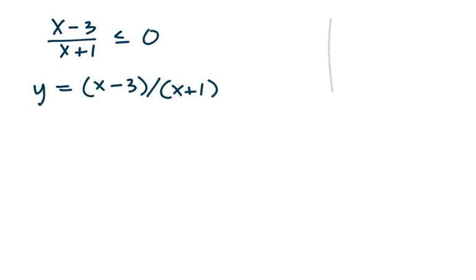And graphing that, you're going to get something that has a vertical asymptote at x equals -1 and an x-intercept over here at +3. The horizontal asymptote for that graph would be at y equals +1.